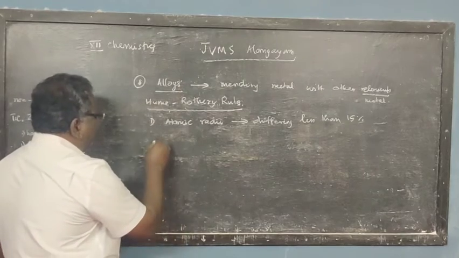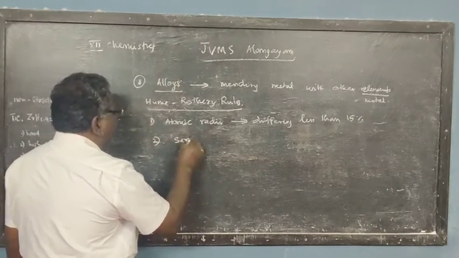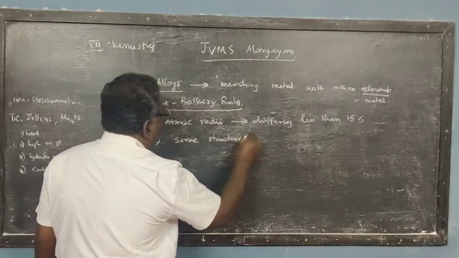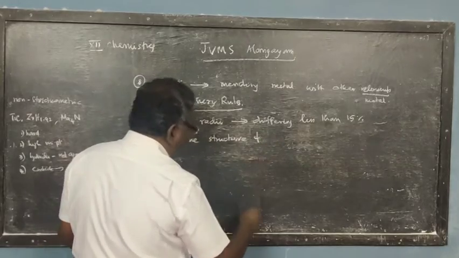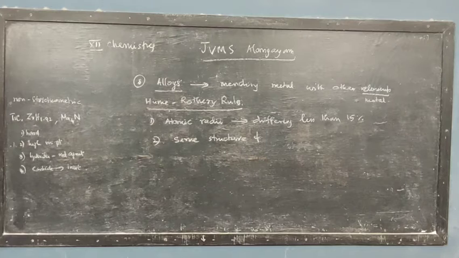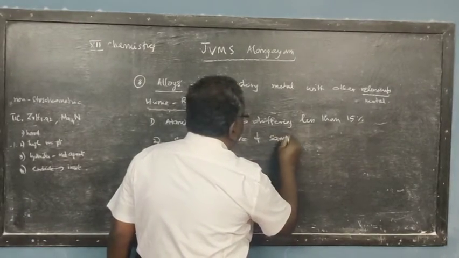The second characteristic is that they must have the same structural arrangement and the same valency. The valency must be the same. Right? They must have the same structure and the same valency.